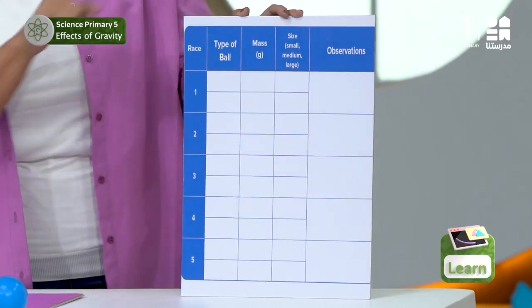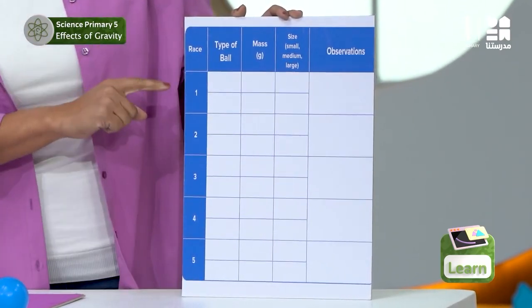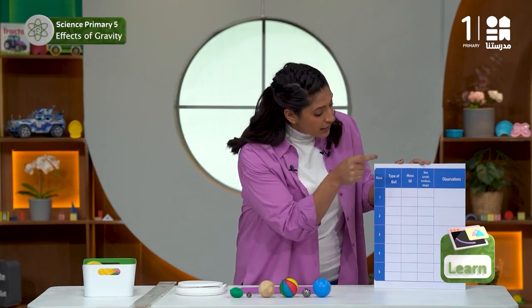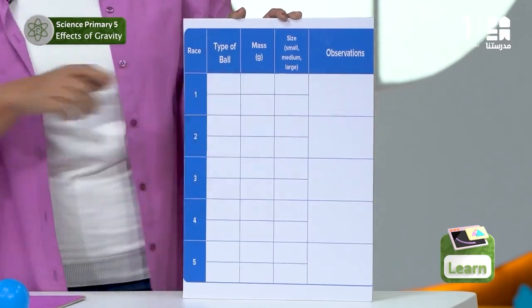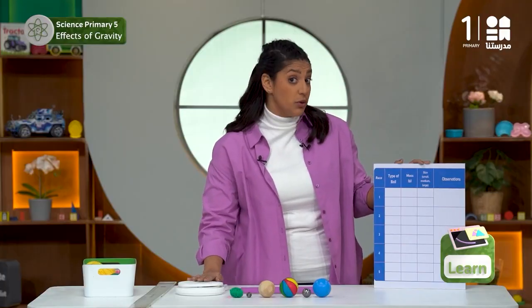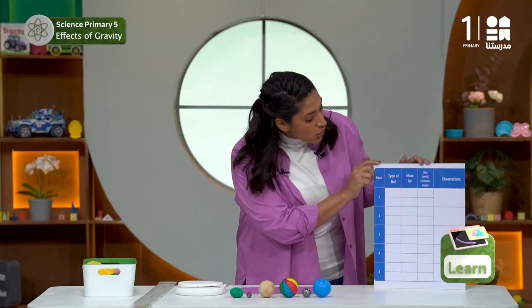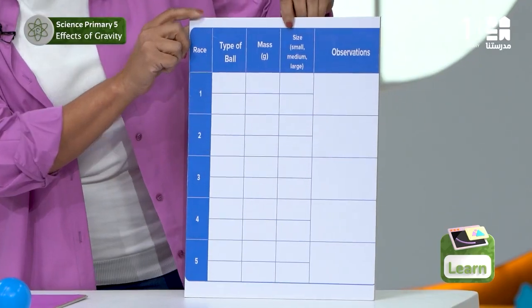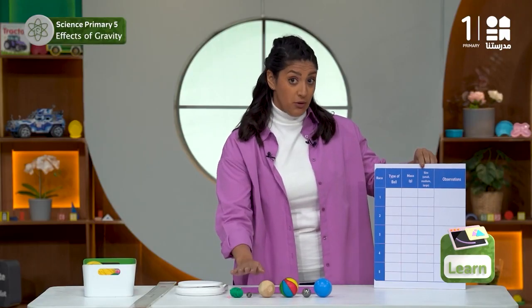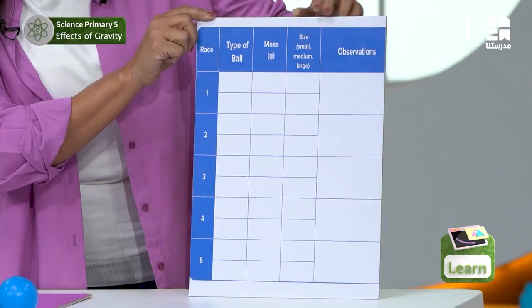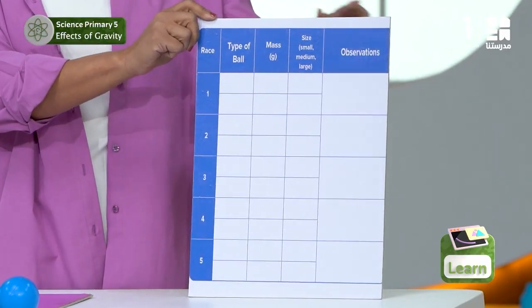As you can see here in the table, we have the type of the ball, the mass, which we're going to measure in grams. That's why we've brought the scale with us. And then we're going to write here the size, how we think the size is according to the balls that we have already here. And finally, our observations.